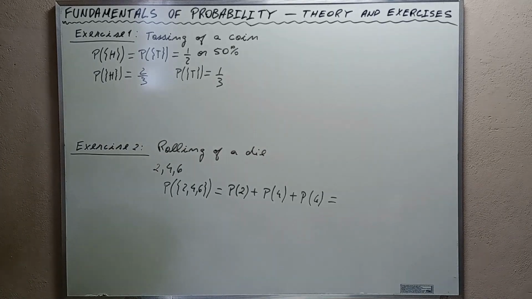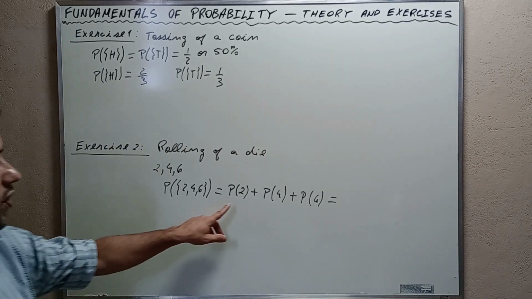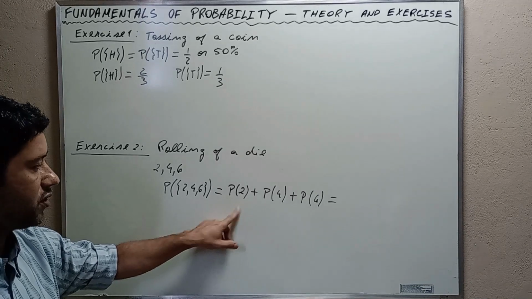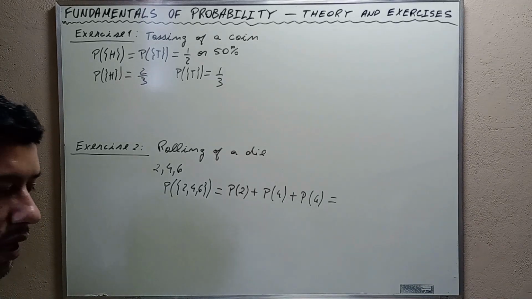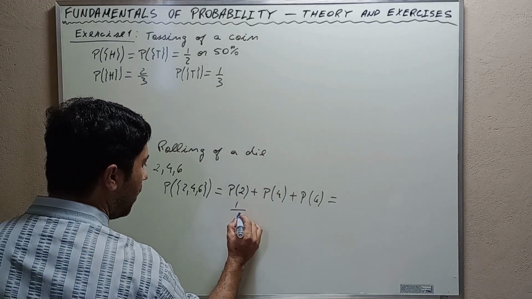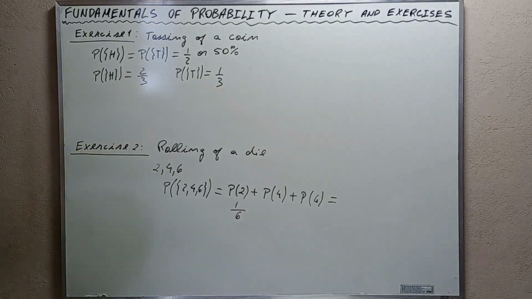And the probability of getting a 2 is 1 over 6 because there is only 1, 2, and the sample space is comprised of 6 possibilities.